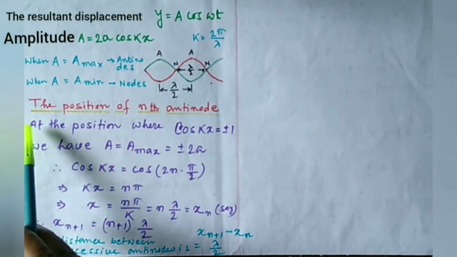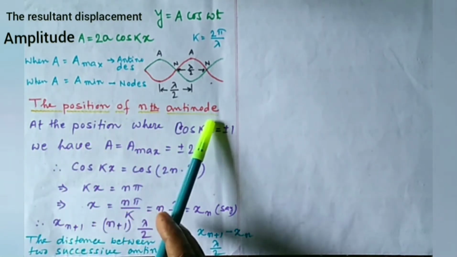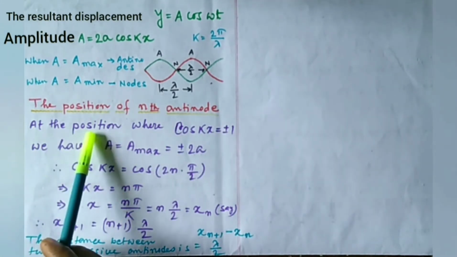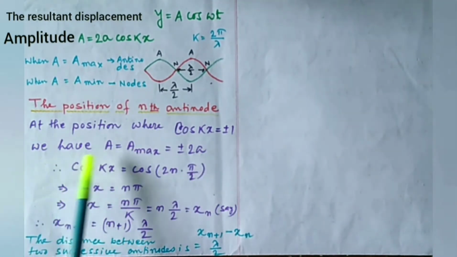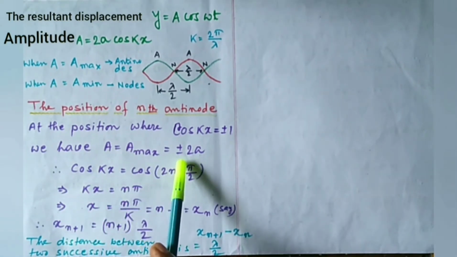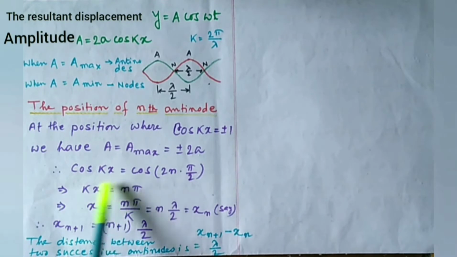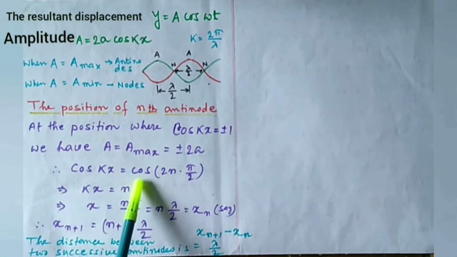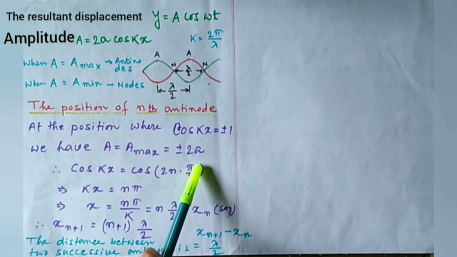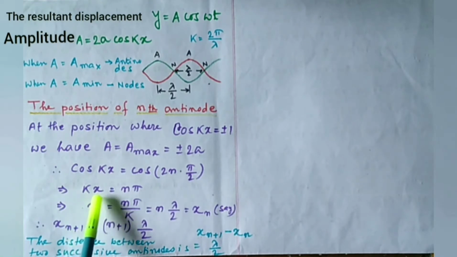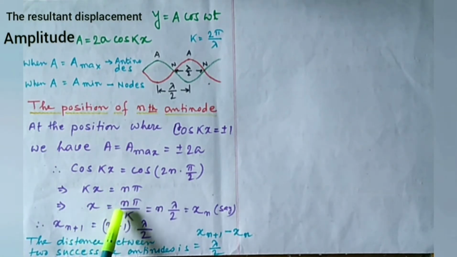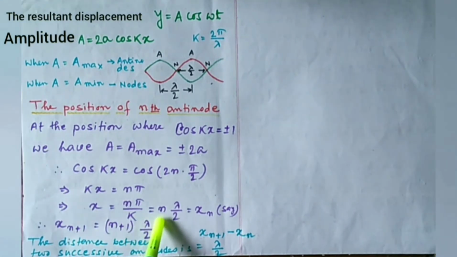At first, we will calculate the position of the nth antinode. Look at the position where cos kx equal to plus minus 1, we have A equal to A max equal to plus minus 2a. Now cos kx equal to cos 2n into pi by 2 for plus minus 1, or kx equal to n pi, or x equal to n pi by k equal to n lambda by 2, as k equal to 2 pi by lambda.